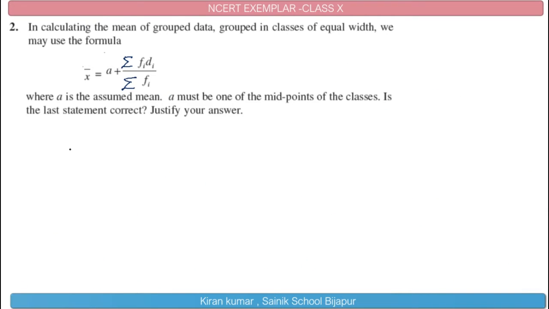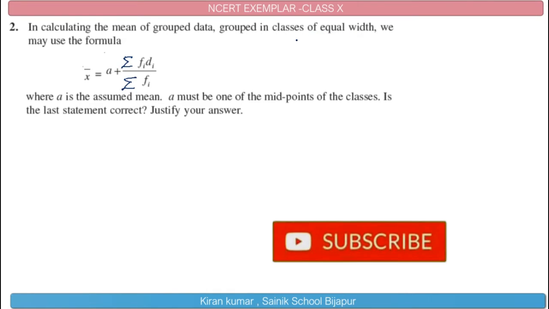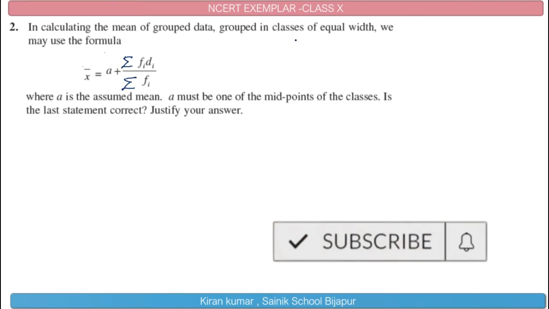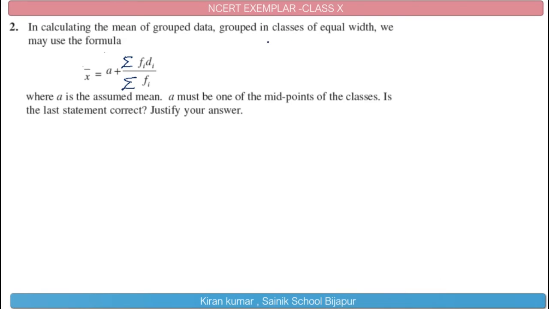Question number 2. In calculating the mean of grouped data, the group in classes of equal width, we may use a formula x bar equal to a plus sigma fi di upon sigma fi, where a is the assumed mean. A must be one of the midpoints of the classes.